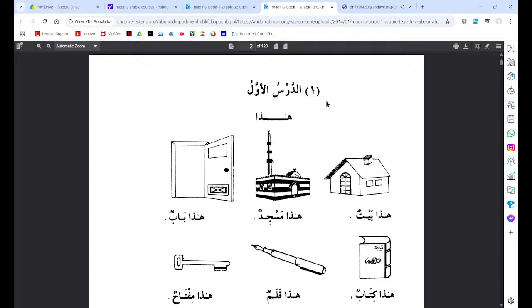Now there's a letter prefixed to the beginning of the word, letting us know that this is a present tense word, and in this case, it's speaking about the masculine person who is absent.